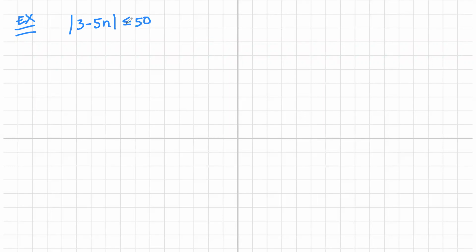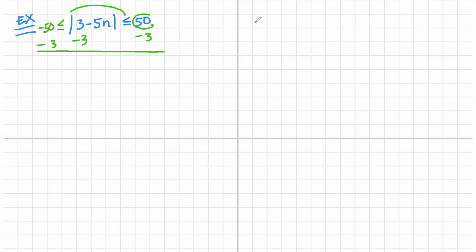Let's solve it. Since it's a less than, what we do is we take this symbol and you put the less than sign over here. And then with the 50, I put -50 over here. And then I solve it. And then I'm going to ignore these absolute values, right? So to solve 3 minus 5n, I would subtract 3 from the middle, from the left, and from the right.